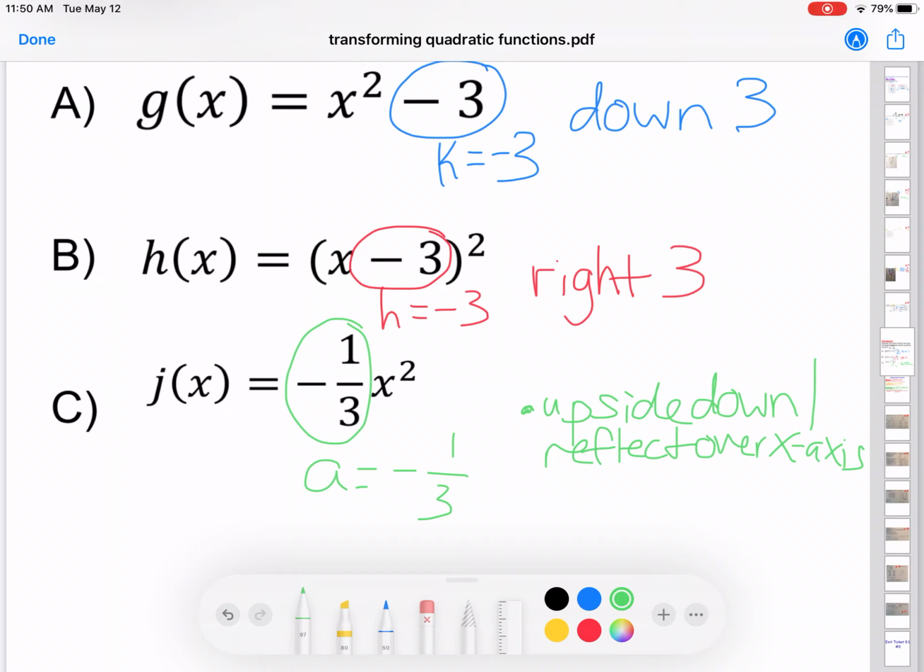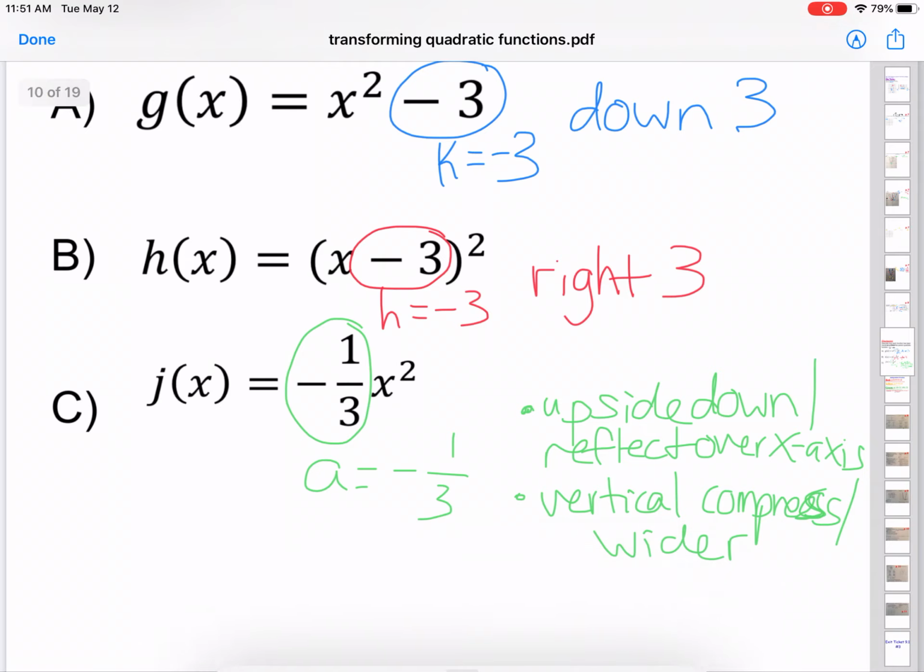The second thing that happened, because the a value became a 1/3 or a decimal, is that the graph has been vertically compressed. And another way of saying that is that it is wider. So for part C, you should have identified 2 different transformations. First, that it was upside down or reflected, and the second, that it has been vertically compressed or wider.